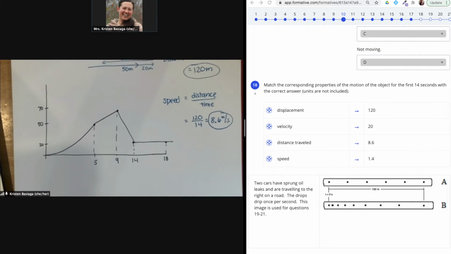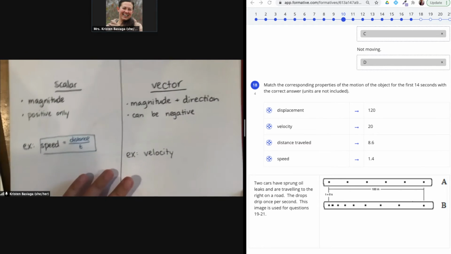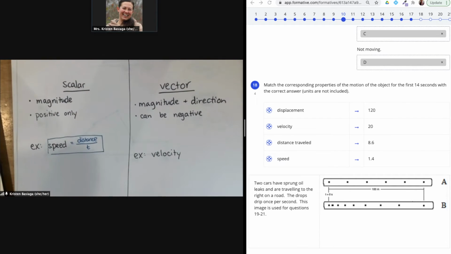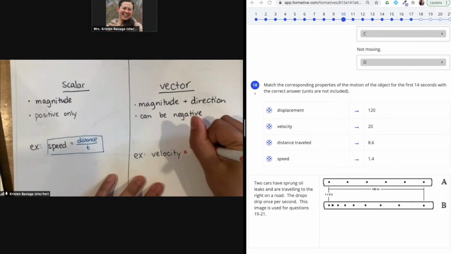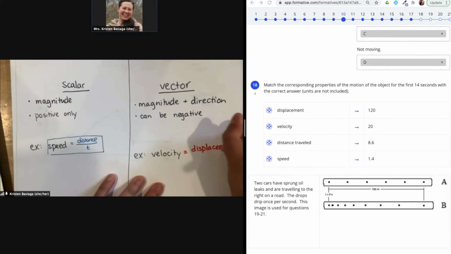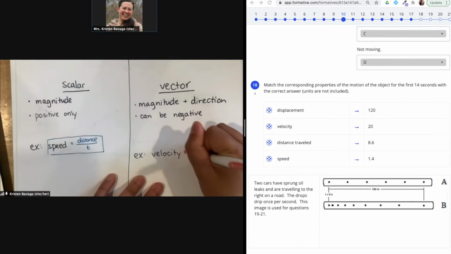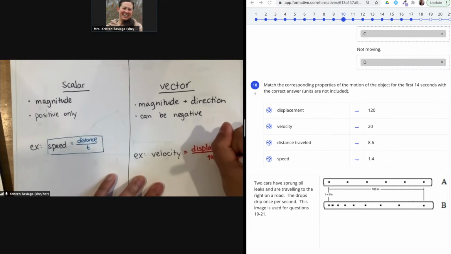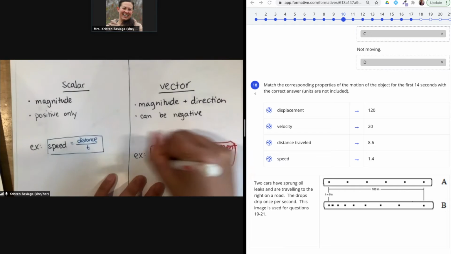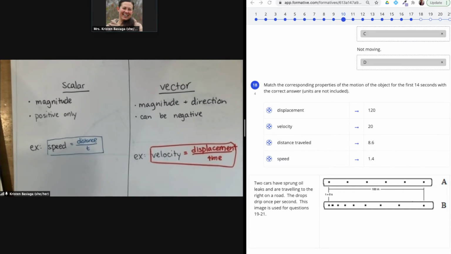But now let's deal with the vector. Velocity is a vector because displacement is a vector. Velocity is displacement over time. So if I can calculate the displacement of this object, I can calculate the velocity.